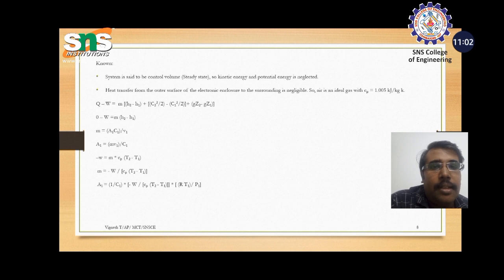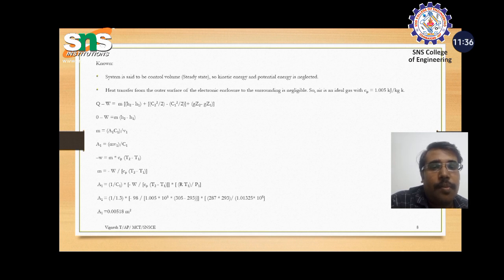Substitute that M value, where M is equal to A1 C1 divided by V1. Substitute that term here, and you will get A1 equal to 1 by C1 into minus W divided by Cp into T2 minus T1, whole into RT1 divided by P1.